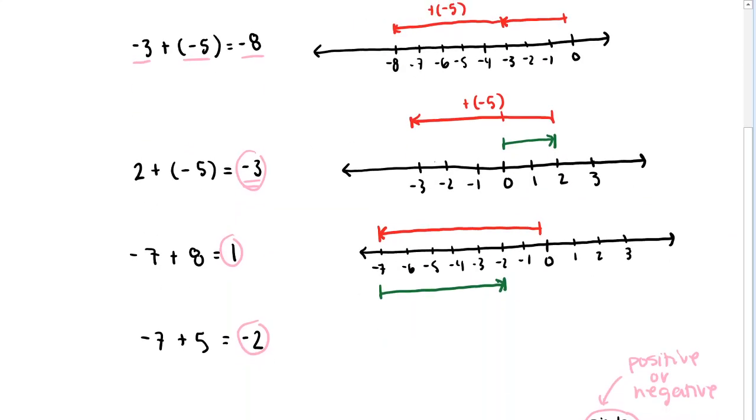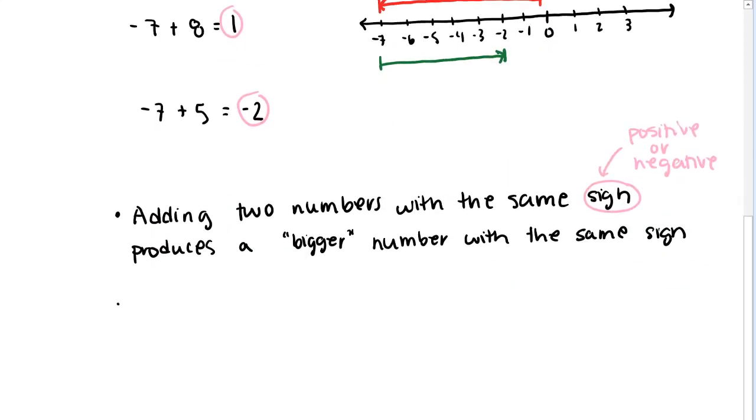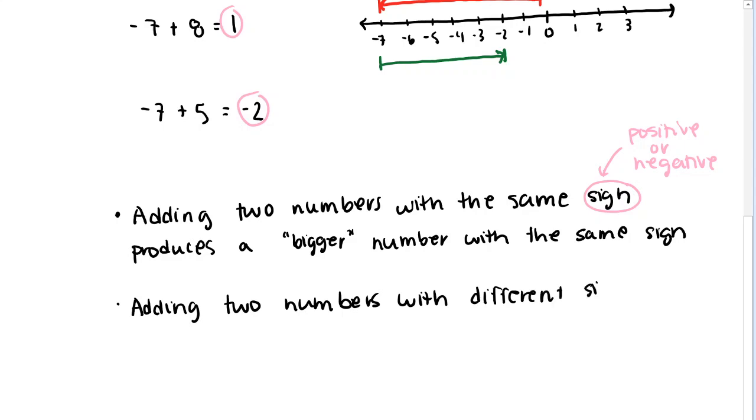Okay, so what about when we add 2 numbers with different signs? So here, adding 2 numbers with different signs. Maybe I'll write it this way. They kind of undo each other, right? We saw that they sort of work against each other.